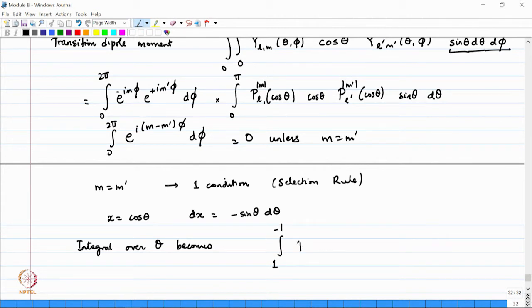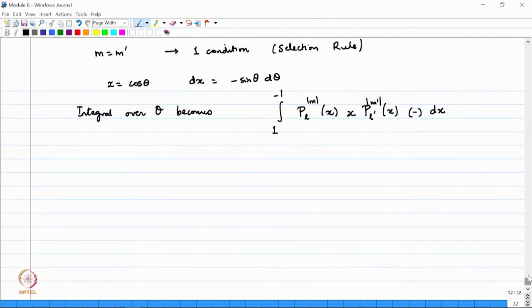Now, I have P_L^m of x times cos theta, which is x, and P_L'^m' of x, and sin theta d theta is minus dx. So, I can just change the limits and write this as the integral of x P_L^m of x P_L'^m of x dx from minus 1 to 1. Now, we already saw this.